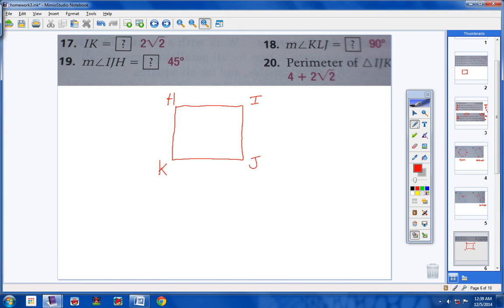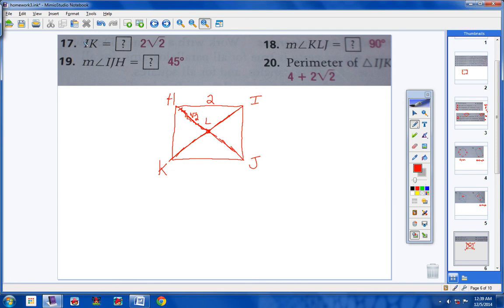Alright, there's your square, with diagonals intersecting at L. So here are my diagonals, right there, and they intersect at L. Okay. Now HI is 2, so we have a length of 2 here, and HL is square root of 2. The segment right here is square root of 2.